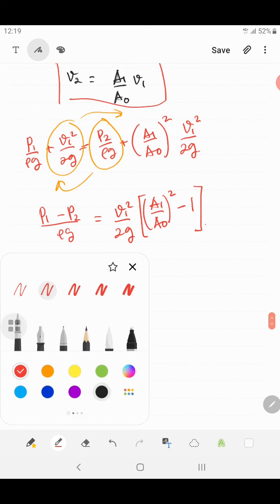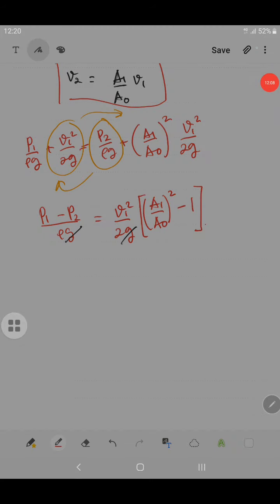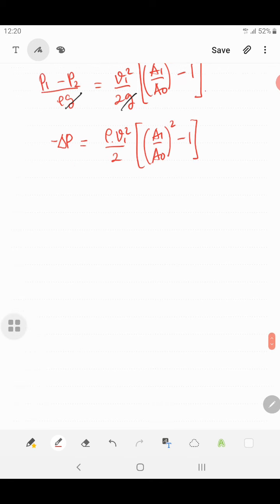And the G itself we can eliminate on the left and the right, and the minus delta P, minus delta P is equal to rho V1 square over 2, like this.